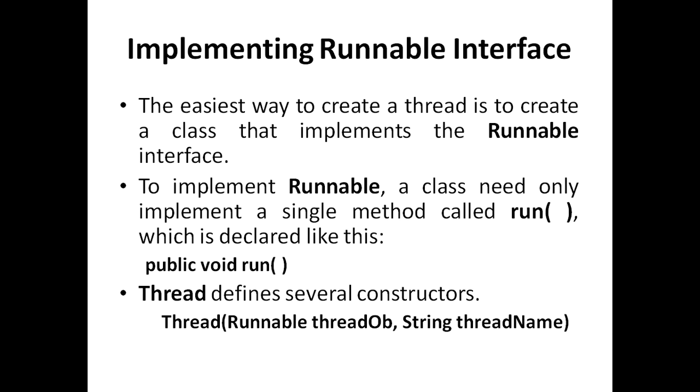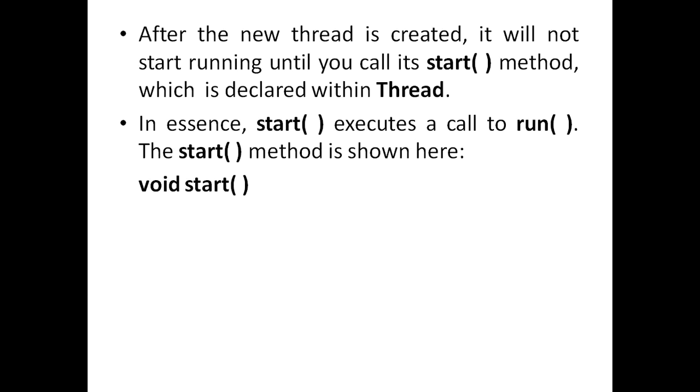The syntax of the run method in the Runnable interface is like this: public void run, which does not take any parameters. Apart from that, Thread defines several constructors. You can go for the default constructor, which does not take any parameters, or a parameterized constructor, where the thread takes two types of parameters: one is Runnable, the name of the interface, and the thread name, which is of type String.